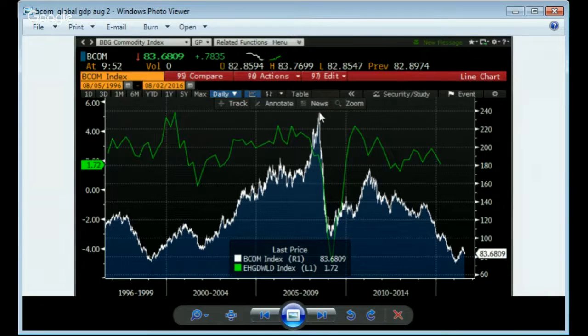Because one of the things that was going on through that period was the supply side. The raging investment in resource development and the somewhat fantastical view of China and the developing world as a source of endless, not just use, but endless growth, played a part in this chart.